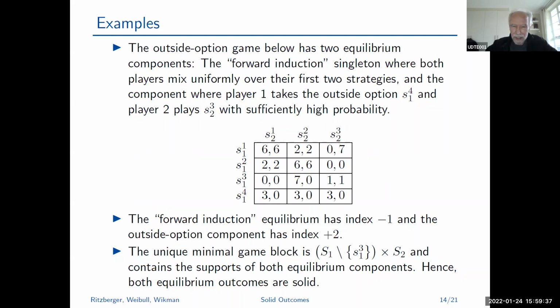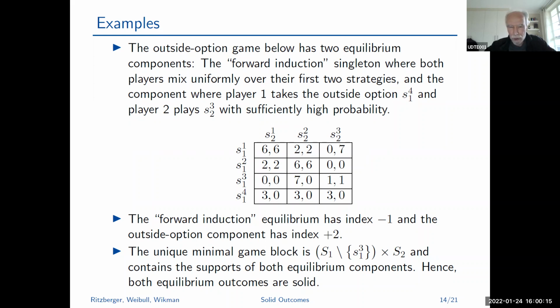So in other words, this is a game where both outcomes, both the forward induction outcome and the outside option, are solid outcomes. This is a difference to what Govindan, Laraki, and Pahl do, because where they do the point-valued sustainability exercise, they then go from points to components of equilibria by offering axioms that end up giving you positive index components.